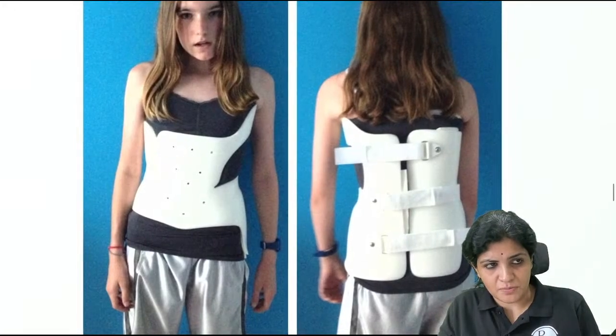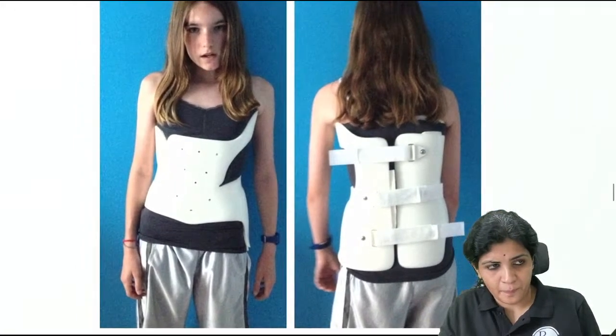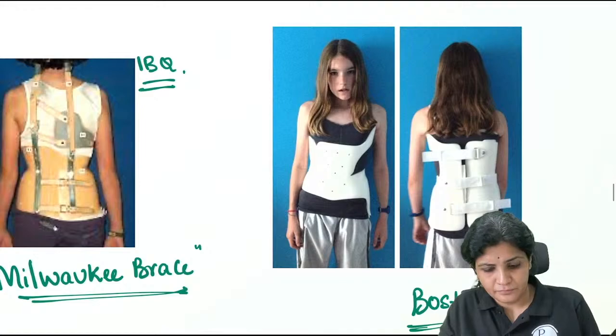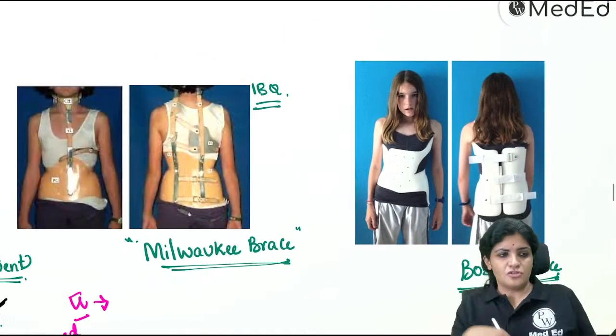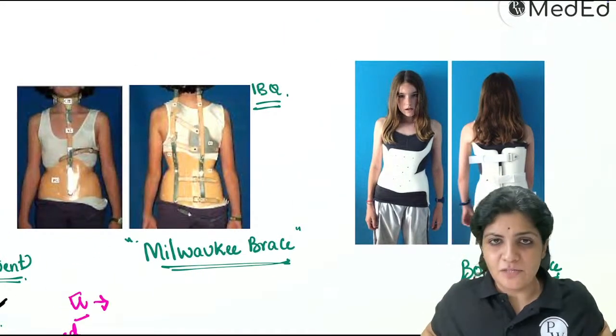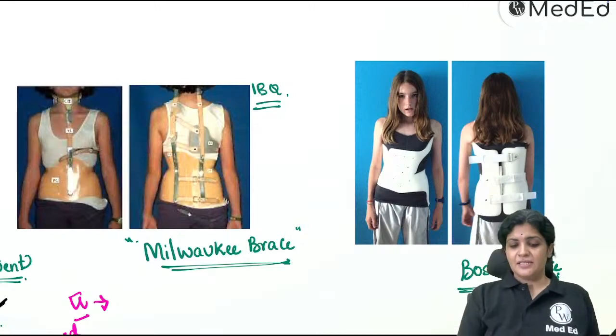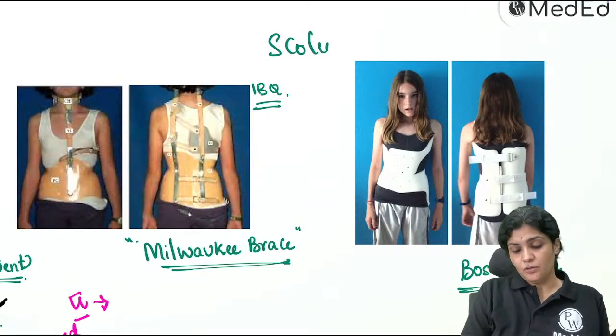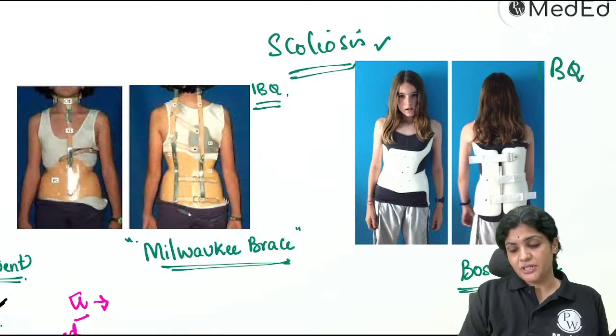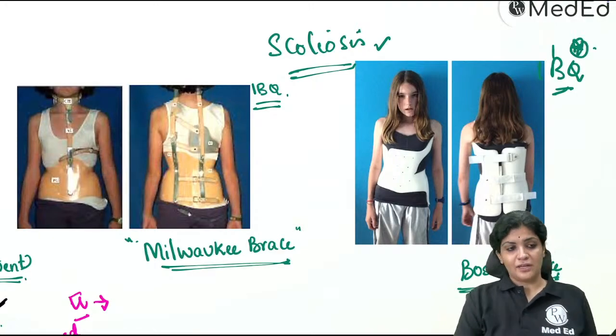Okay, this is Boston's brace. Yes, you're right. That is Milwaukee brace and this is Boston brace. And these two braces are used in case of scoliosis and it is a very, very important exam-based question, and these are image-based questions, very, very important.